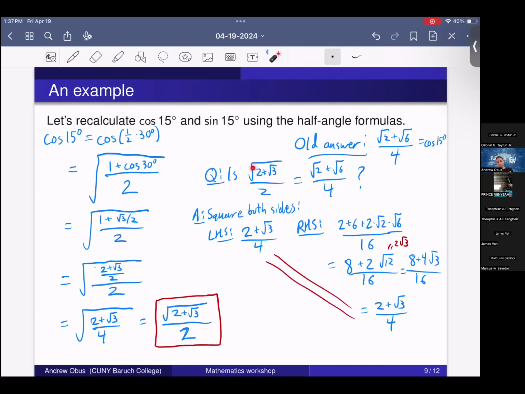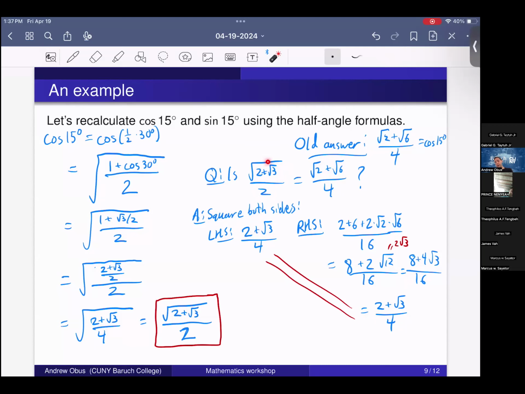So even though these two numbers don't look the same, they're actually equal to each other, because we proved that if I took the square of both of them, we got equal numbers. The square of this is 2 plus root 3 over 4, and the square of this, when you simplify it out, becomes 2 plus square root of 3 over 4. So these two answers for cosine of 15 look like different numbers, but in fact, they're exactly the same number.